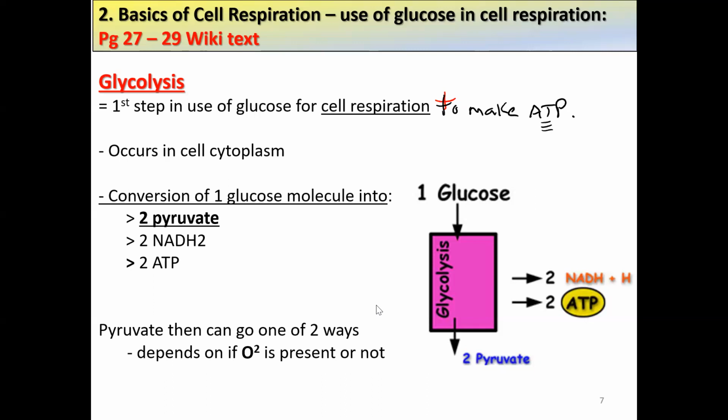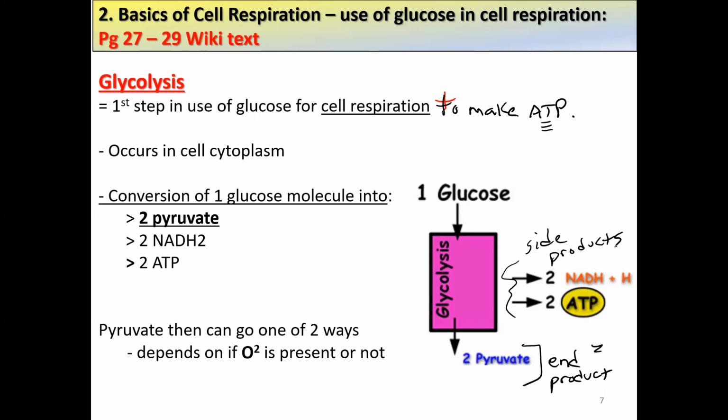The glucose goes through glycolysis. And at the end of that pathway, I've got the main product, the end product of glycolysis. Off to the side, I've got side products.